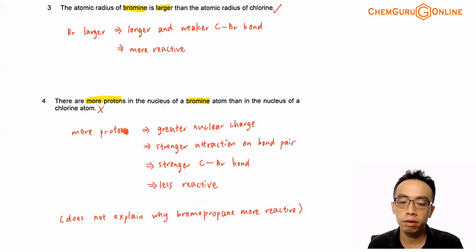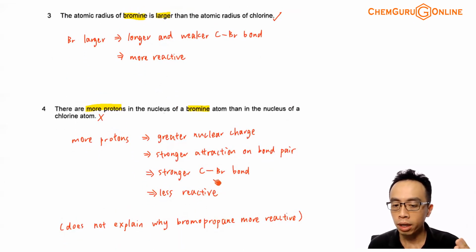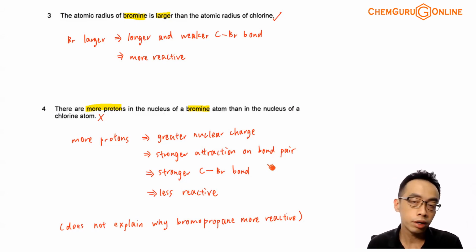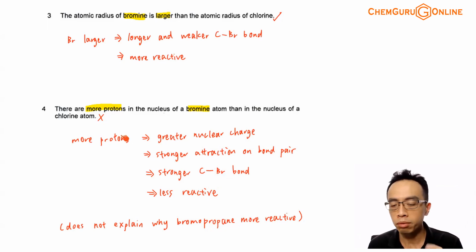The consequence is that it should cause the C-Br bond to be stronger, and it should turn out to be less reactive. But the question tells us that our bromo compound is more reactive, so this doesn't explain why bromopropane is more reactive. In fact, it is trying to explain why bromopropane is less reactive. Therefore, statement number 4 is not true because it doesn't give us the correct outcome.